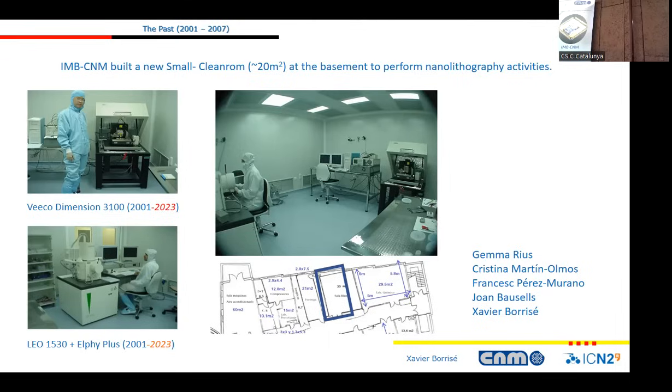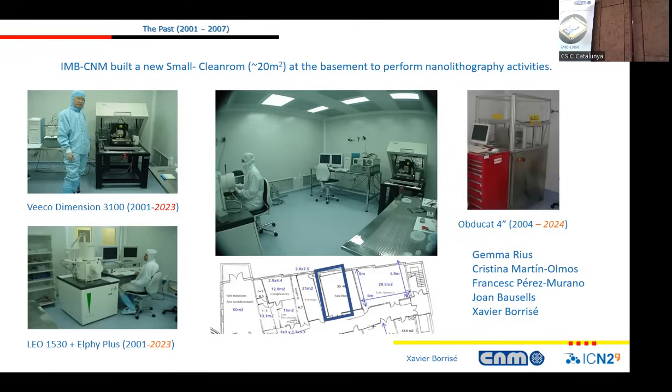This was with Gemma and Cristina, who were the technicians at that time. Later I came and I started with nanoimprint, also with him a few years later. Together with this, we also needed some facilities, for example, for spin coating, because we need to spin coat.